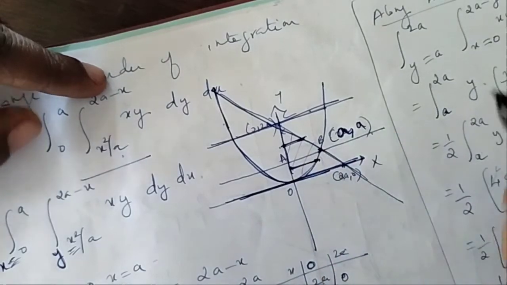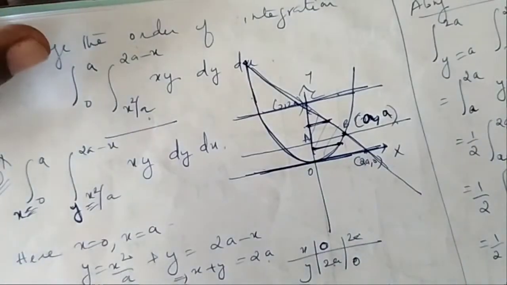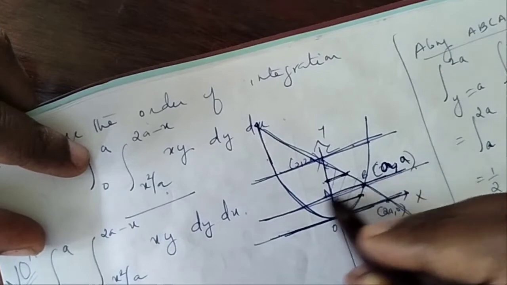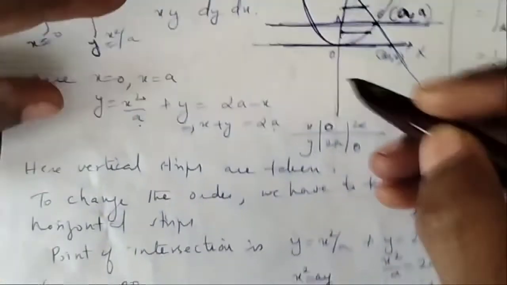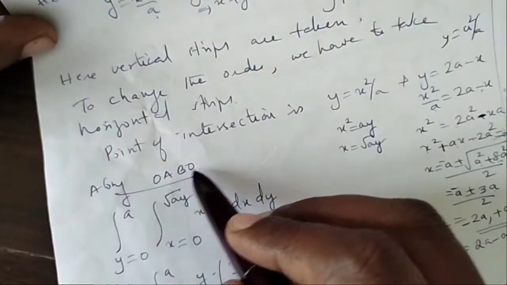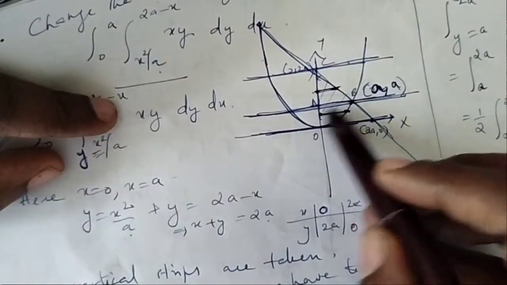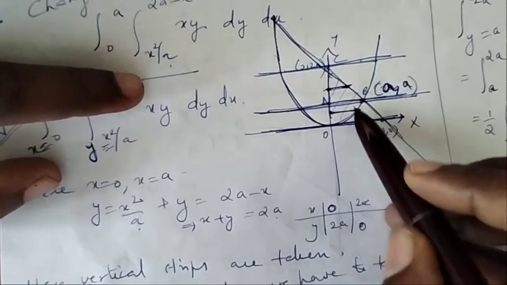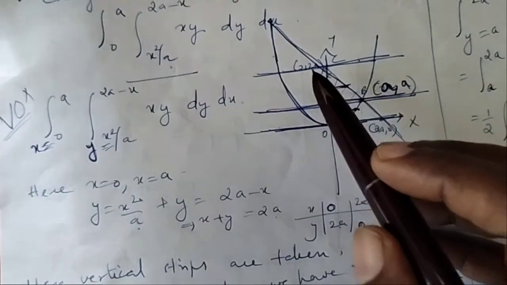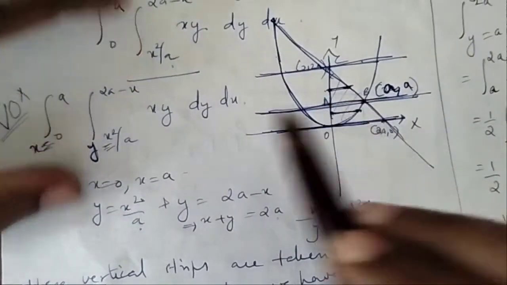So strips are not uniform. But we have to evaluate this one. So in this case, we have to split the region at the point of intersection into two. So we get two regions, a triangle and this one. First of all, we integrate along OABO. Then we integrate along ABC. Then adding those two integrals, we get the required integral.